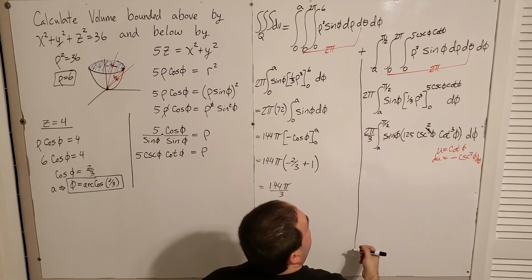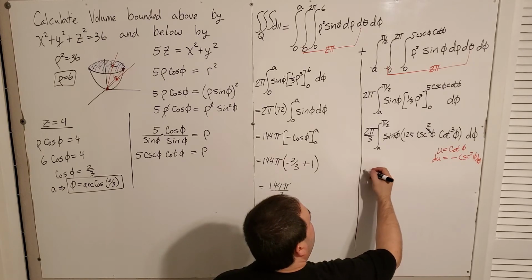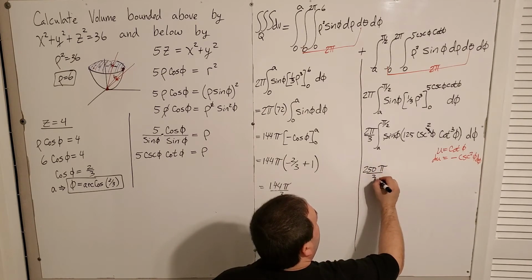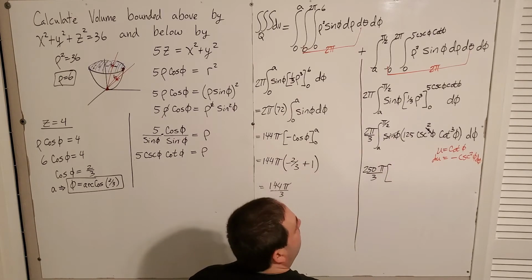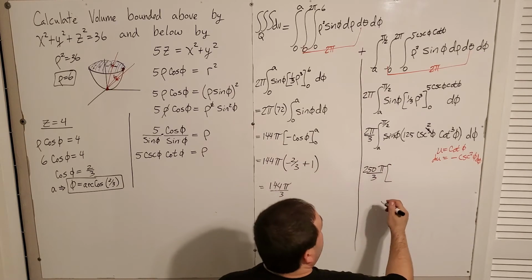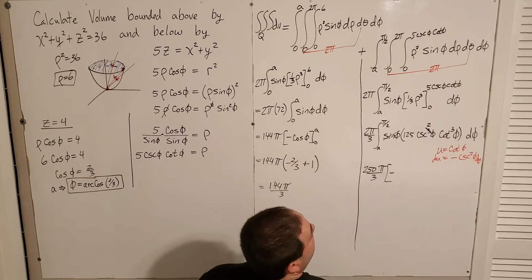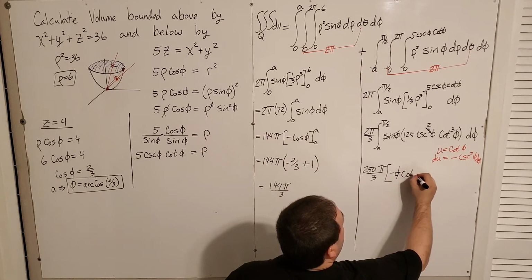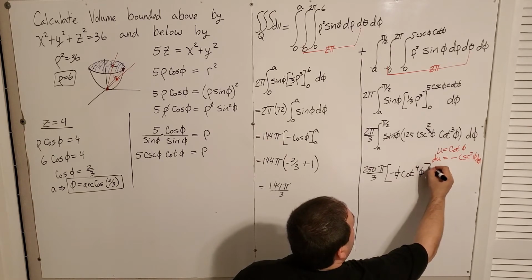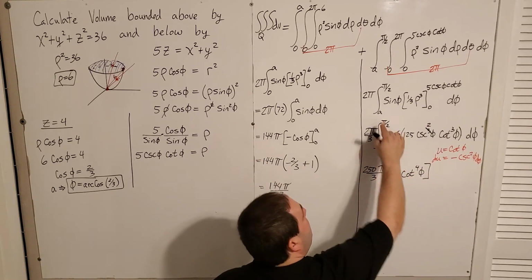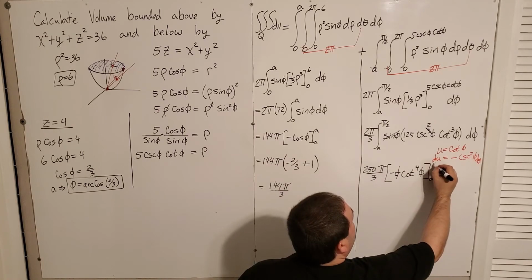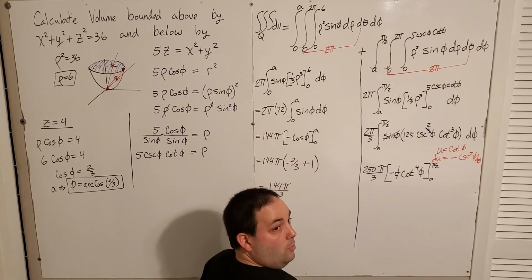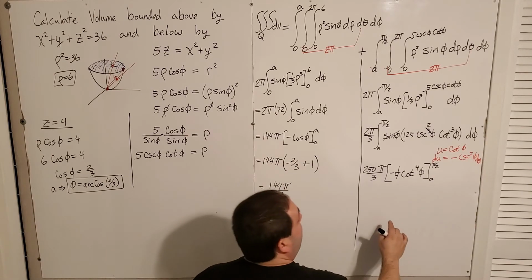125 times 2, right, gives me 250 pi over 3 times, oh, don't forget the negative, right? Negative. It's going to be 1/4 cotangent to the 4th phi. And then that's from a to pi over 2. Almost there, right? Okay.